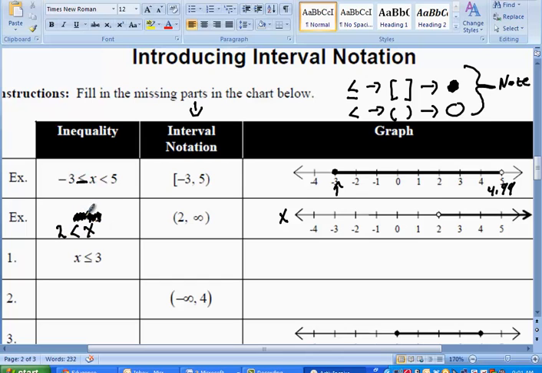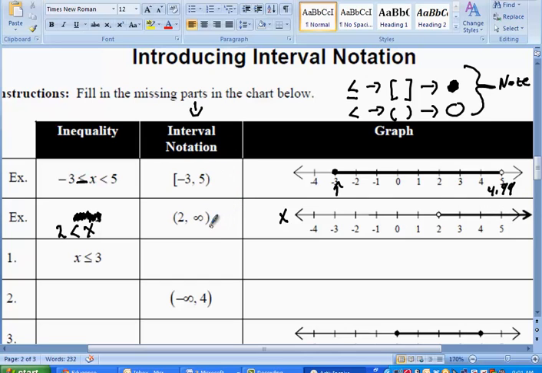Now, if you'll remember, this was actually flipped, and we'll come back to that in a minute. What we see is that this graph continues on and has a big solid arrow, which is why in interval notation I have this infinity sign, because it just continues to go in this direction forever. And so it goes until I reach positive infinity.